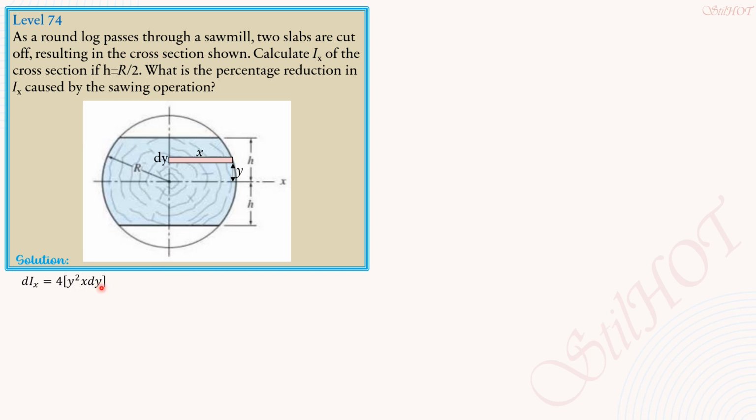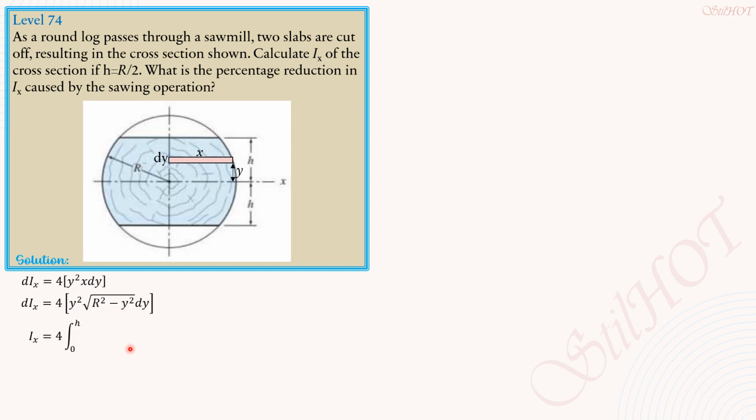The variable is y, so x, by Pythagoras theorem, is the square root of big R squared minus y squared. So differential Ix is 4 times y squared square root of big R squared minus y squared dy. So with our experience from calculus, we put the variable y equals r sine theta.